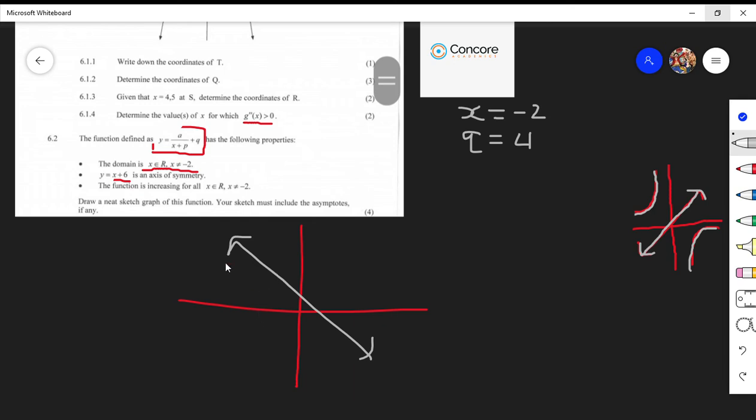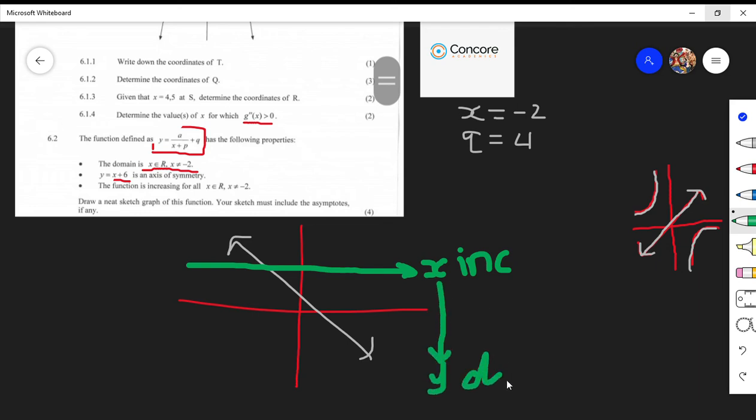So here you can see that the graph has got positive x values and positive y values on the left, and on the right it's got negative y values and positive x values. So as the graph moves from the left to the right, the x values are increasing, right? And as the graph moves from the left to the right, the y values are decreasing.